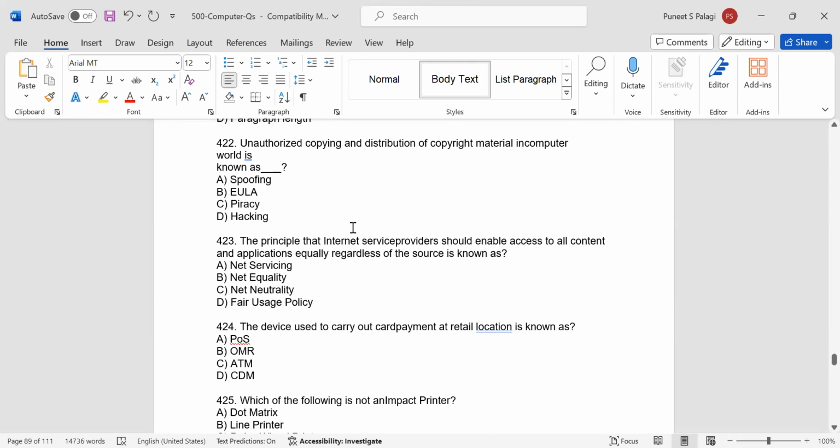Unauthorized copying and distribution of copyright material in computer world is known as spoofing, EULA, piracy, hacking. It is piracy.